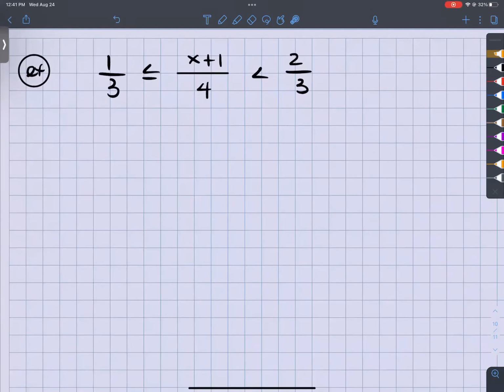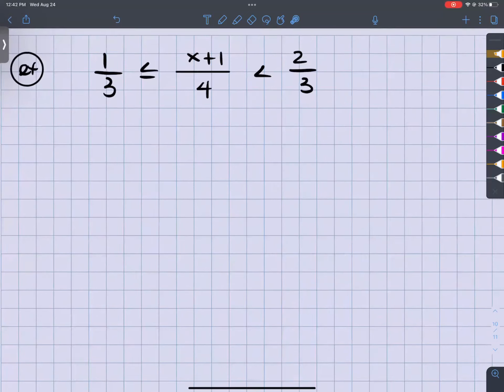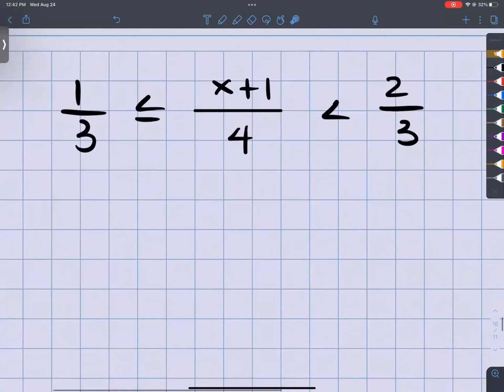And the current students are going, I have no idea what the sisters are. So the sisters is what I use to get common denominators in a fraction. Okay. So here, if we can get all the denominators the same, then we can get rid of them in an equation, in this case, inequality.